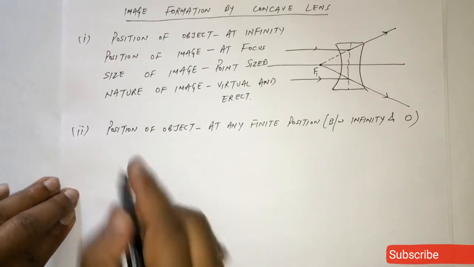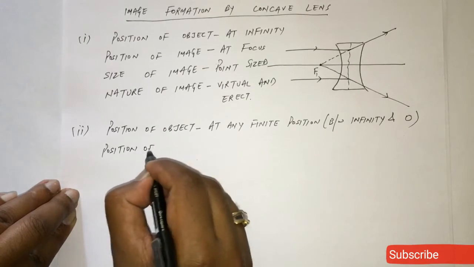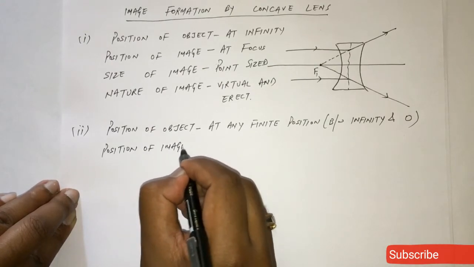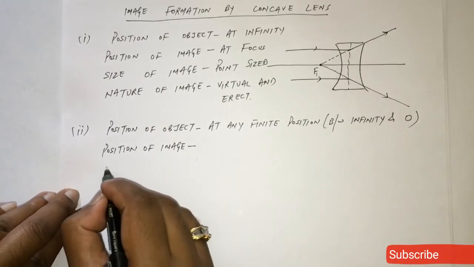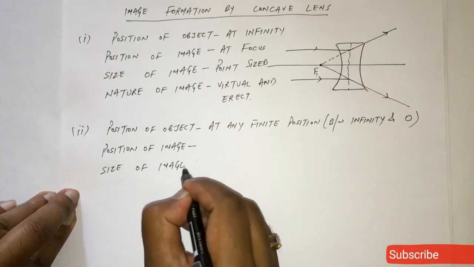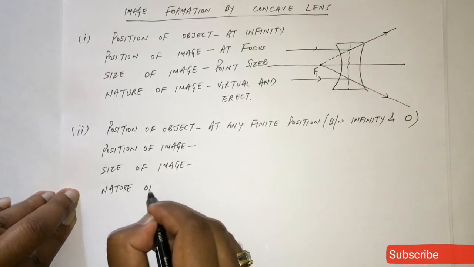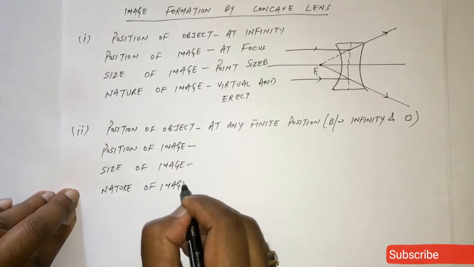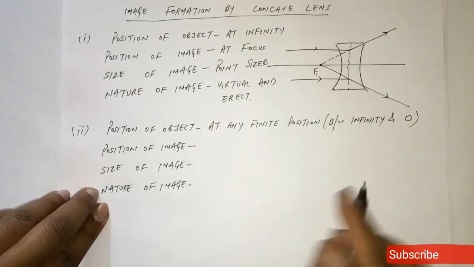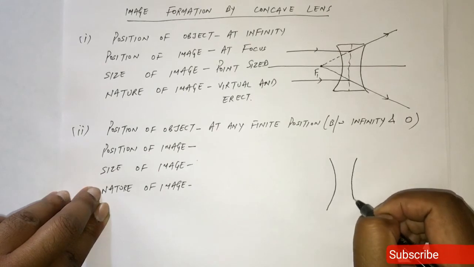Means the object is placed at any finite position. Again we have to write all the points, means position of image, size of image, last one is nature of image. Clear? So let's draw the ray diagram.